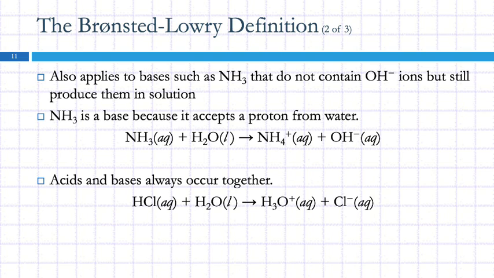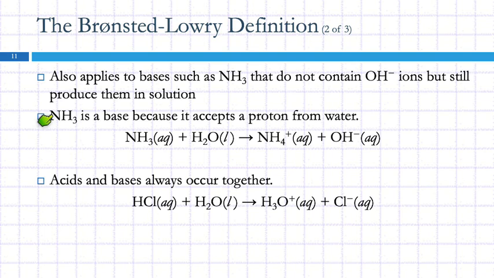So this definition also works for bases that don't actually have hydroxide ions, but still produce them in solution. So NH3 is a base. But if you're just focusing on hydroxide ions, you're going to wonder, how can that be a base? It doesn't have any oxygen in it. How can it form hydroxide ions?